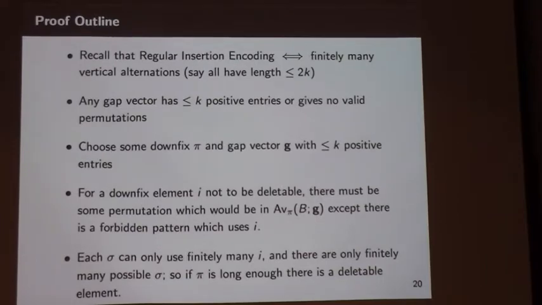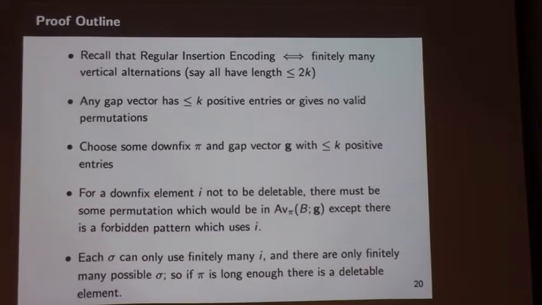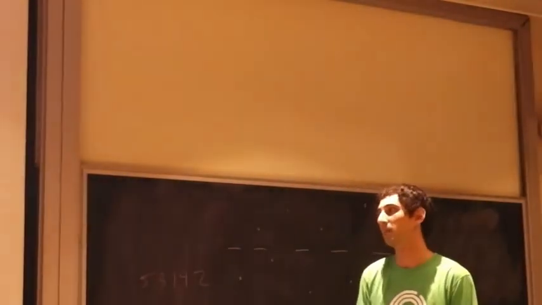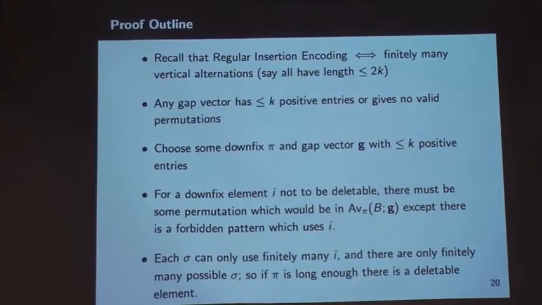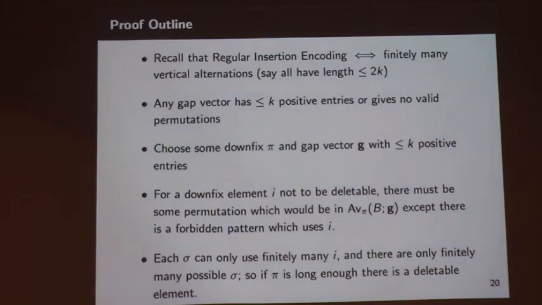So each of these can only witness finitely many I, and there's only finitely many possible permutations, because this gap vector only has k positive entries. So we can only witness finitely many downfix elements, but we can make as many downfix elements as we want. We can make the downfix as long as we want, and so there's got to be some element, if we make it long enough, that doesn't get witnessed, and so that we can delete.